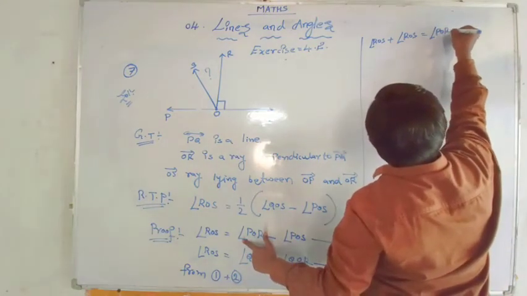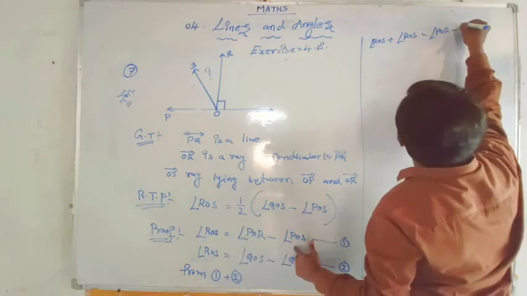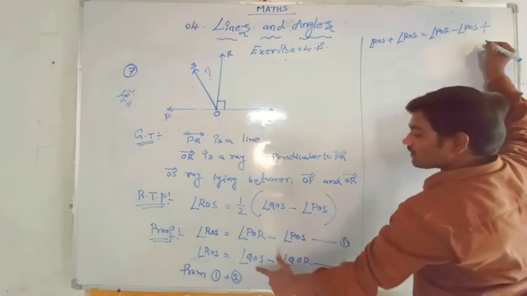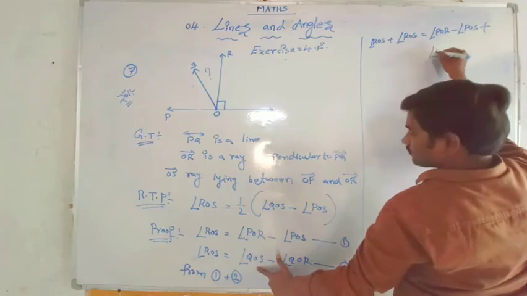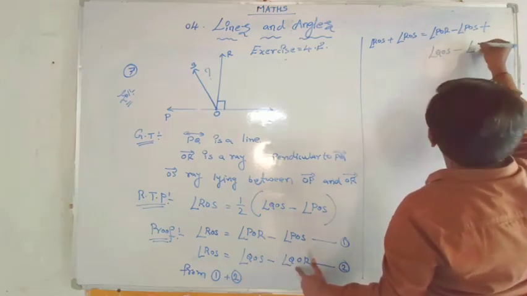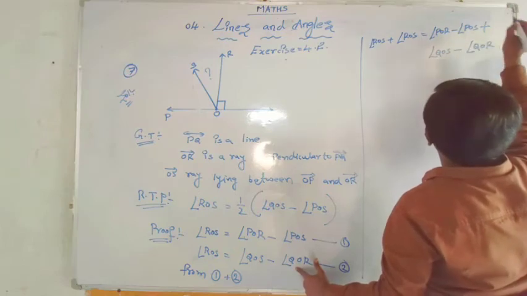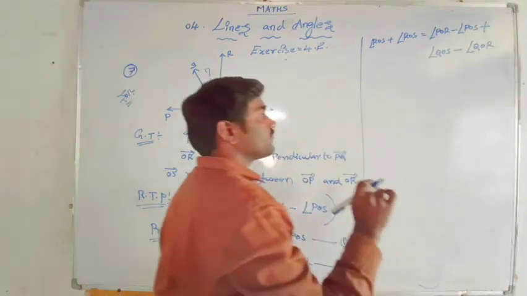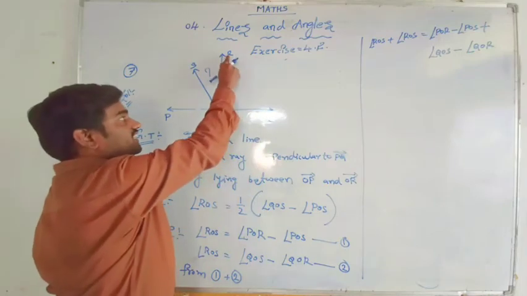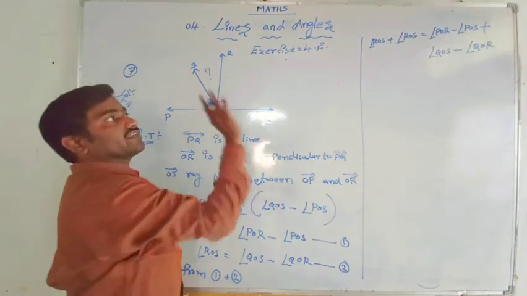angle POR minus angle POS plus we are adding the other one, angle QOS minus angle QOR. So from this, if you observe clearly, angle QOR is 90 degrees, angle POR is 90 degrees.